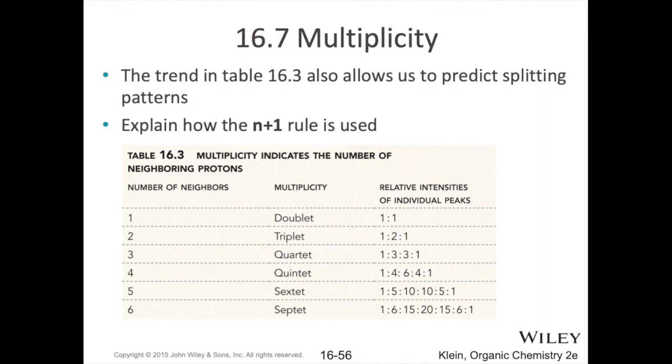We call this the n+1 rule: the splitting will be 1 more than the number of protons causing it. If we had 2 hydrogen Bs, we got a triplet, because 2 plus 1 is 3. Likewise, if we had 3 hydrogen Bs, like that methyl group, that caused a quartet, and so on.